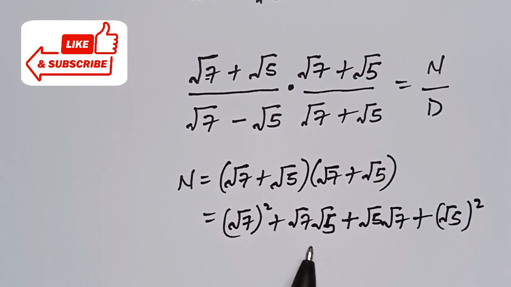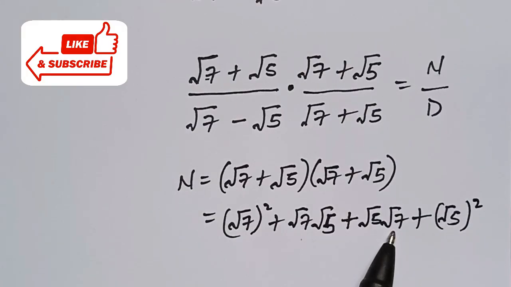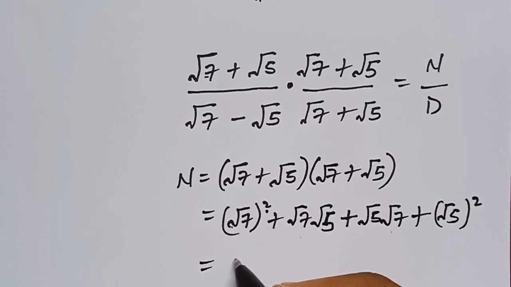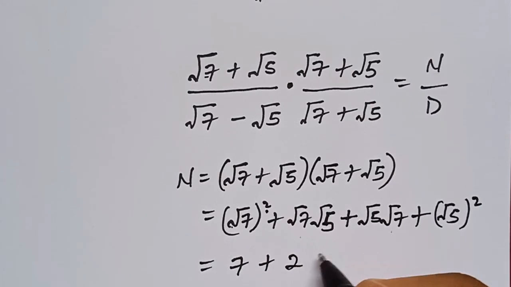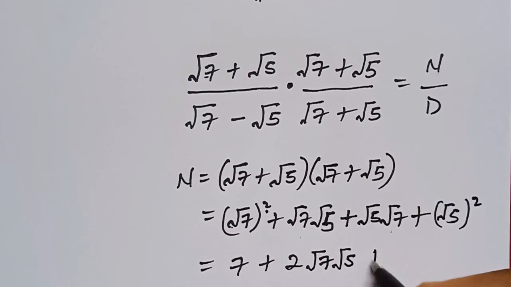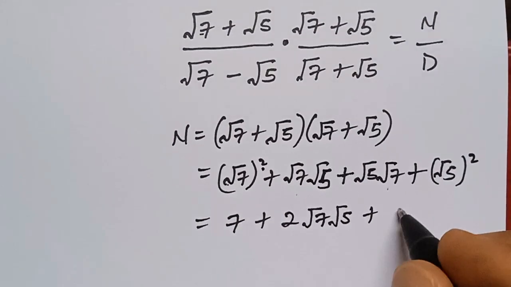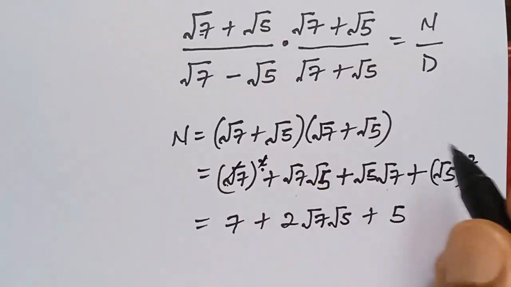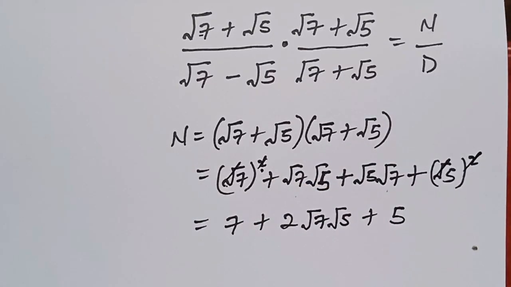This gives us 2 of these. Likewise, this square cancels this square root. Then we have 7 plus 2 square root of 7 square root of 5 plus 5, because this cancels this and this cancels this as well.